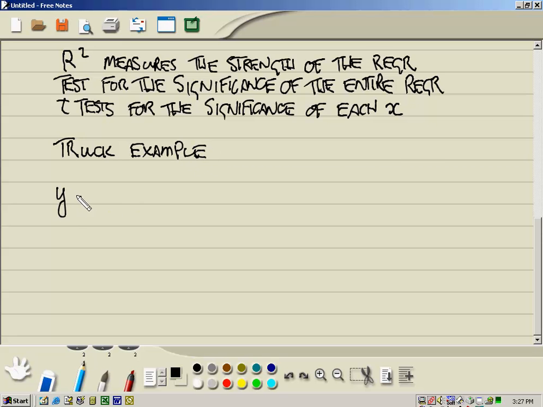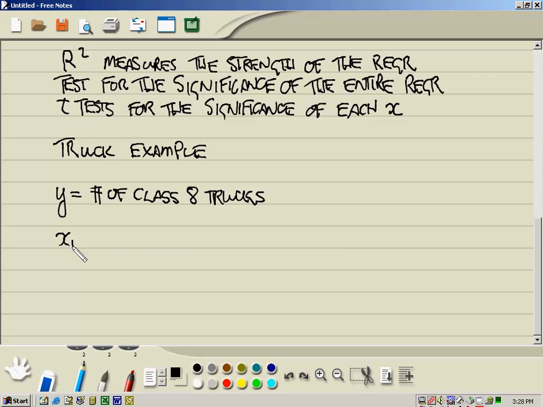In that example, the y variable is the number of what are termed Class 8 trucks sold in the U.S. Class 8 trucks actually being just the tractors on semi-trailers, not the trailers, just the tractors. And they'll be in the order of 1 or 200,000 trucks sold annually in the U.S.